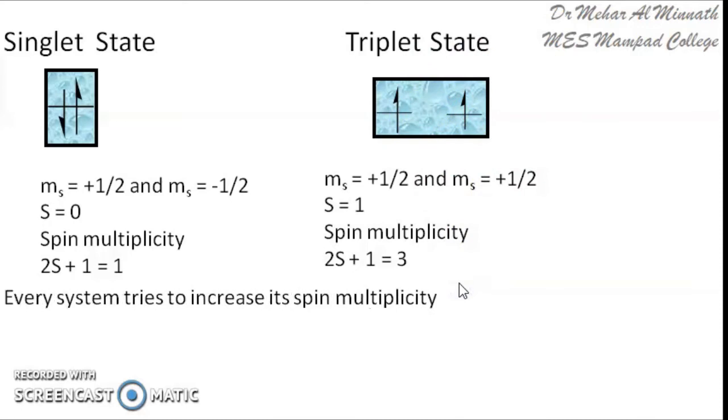Okay, so every system tries to increase its spin multiplicity. And we have Hund's rule which supports this particular statement. Now what does Hund's rule say? Hund's rule says that the electrons will be paired only after every orbital is occupied.